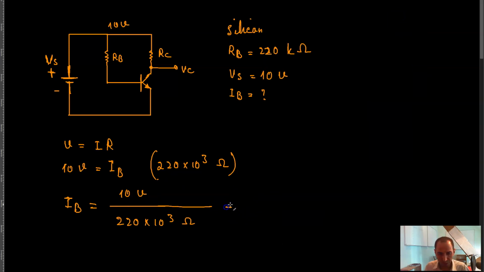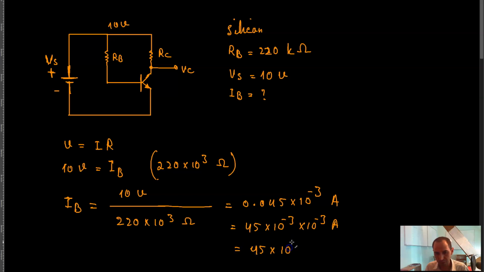Taking two significant figures, 0.045 times 10 raised to the power negative 3 amps, and then I can write this as 45 times 10 raised to the power negative 3 times 10 raised to the power negative 3 amps, which is equal to 45 times 10 raised to the power negative 6 amps, which is equal to 45 microamps, right?